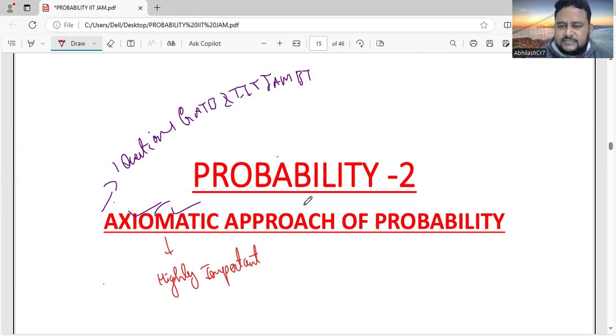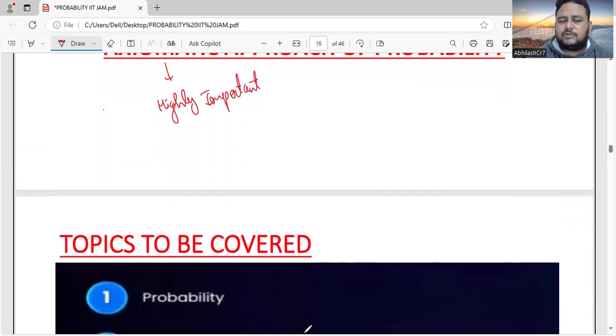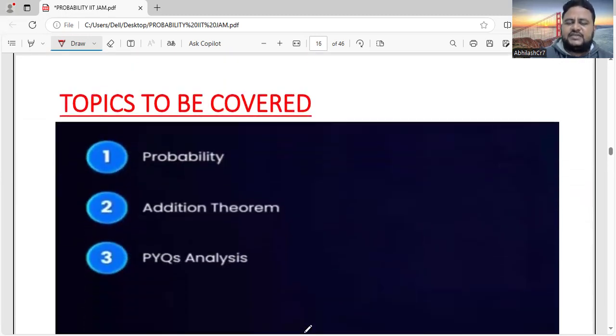So let us see what we have to cover in the axiomatic approach to probability. First, we have to cover what probability itself is, and under this we also have to cover the addition theorem. We are not going to prove any theorem; we will use the results of that theorem in solving questions.